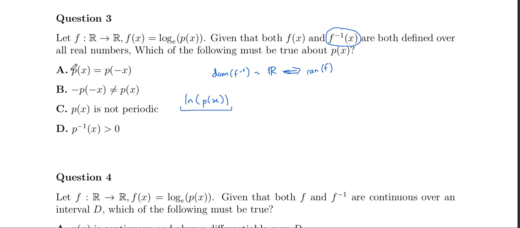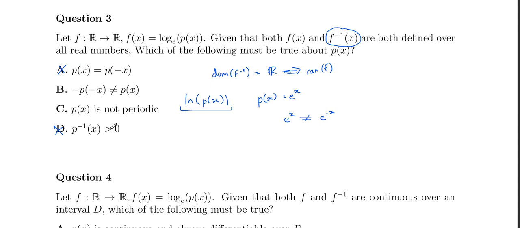So first one, p of x is equal to p of negative x. But since we just found that p of x equaling e to the x is one of the solutions, obviously e to the x doesn't necessarily equal e to the negative x, so we can cross that out.